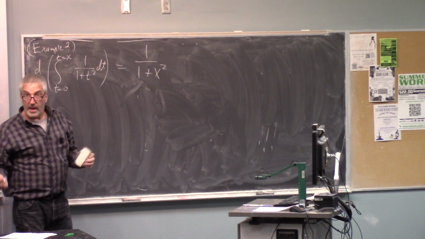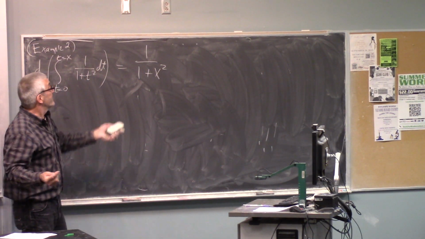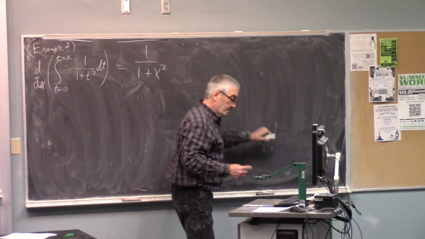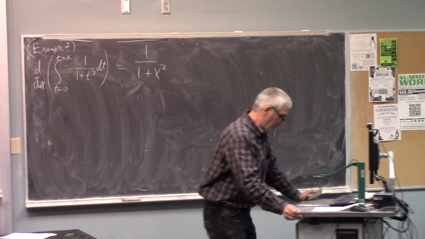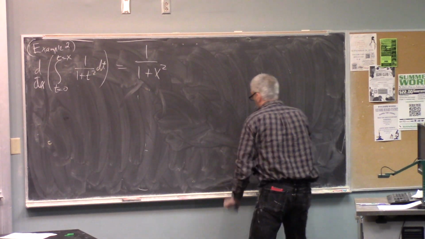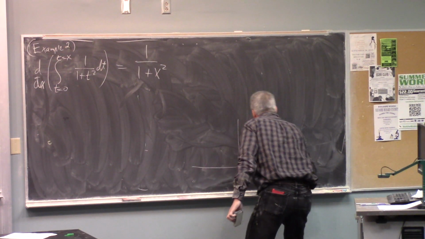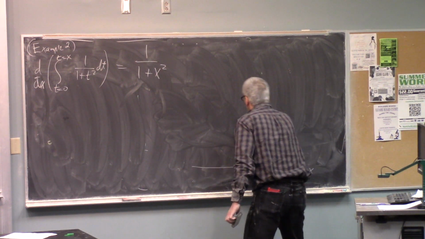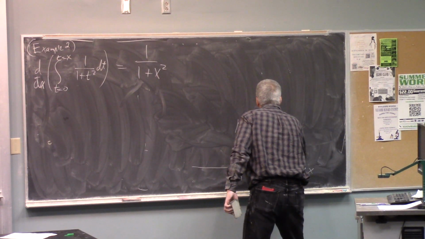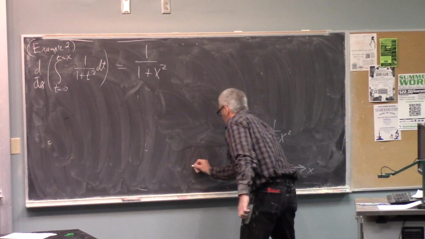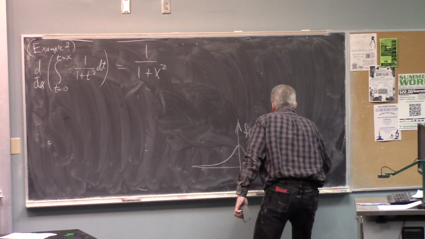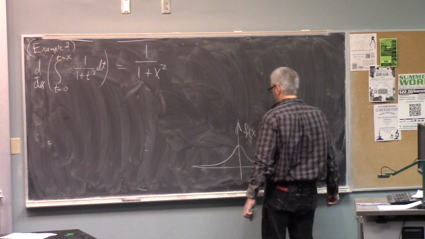So that means that we've built an antiderivative of 1 over 1 plus x squared. So if this is my f of x, which is 1 over 1 plus x squared, remember, that looks like this, because when x is 0, this is height 1, and then when x gets really big, the y values get very close to 0.